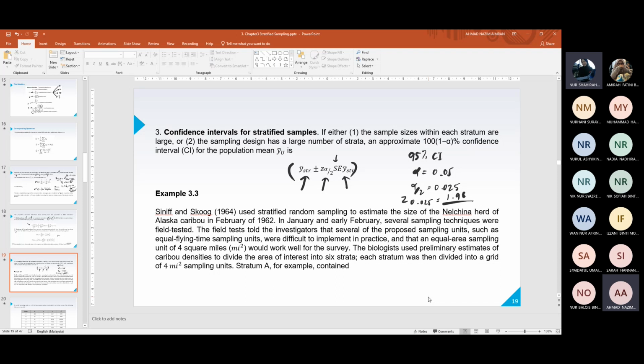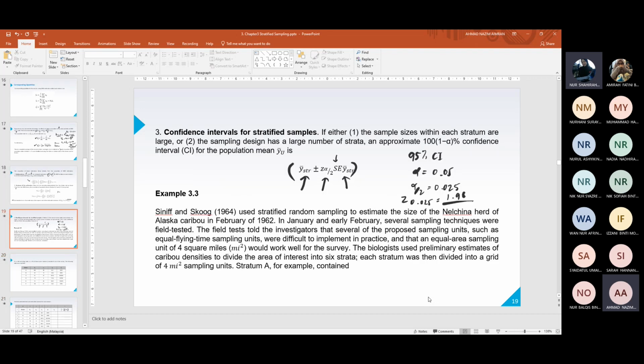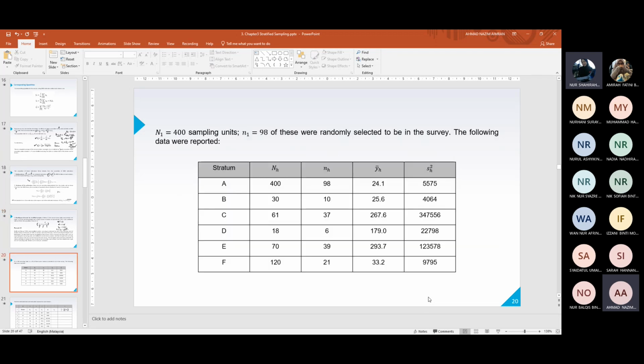Stratum A, for example, contained a population size of 400 sampling units, and 98 samples were selected in the survey, and the following data were reported.